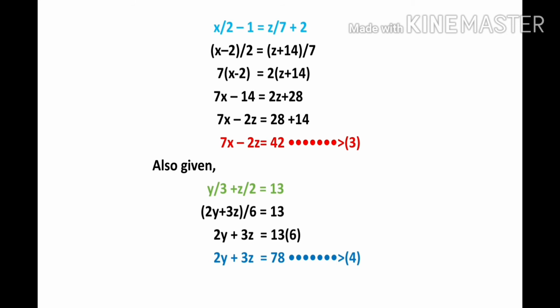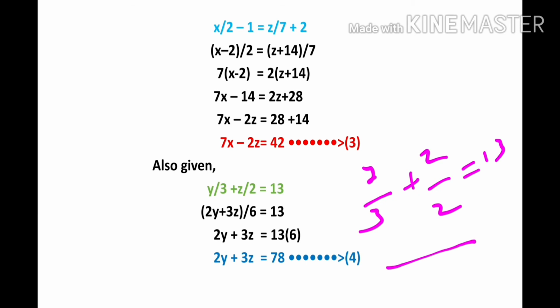Here also simplify this, that is y by 3 plus z by 2 is equal to 13. So take the LCM here, what happens? 3 2s are 6, multiply the denominators.